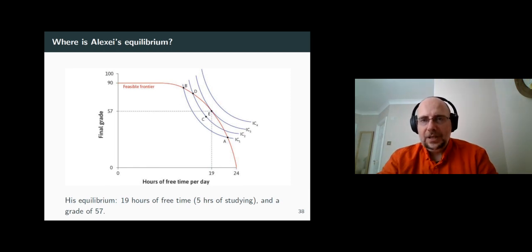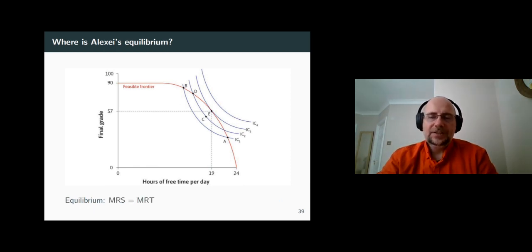Note that point E is a point belonging to both the indifference curve and the feasibility frontier. But as this is the only point they have in common, the slope at that point is equal for both the indifference curve and the feasibility frontier. You will recall that the slope of the indifference curve is called, right, the marginal rate of substitution.